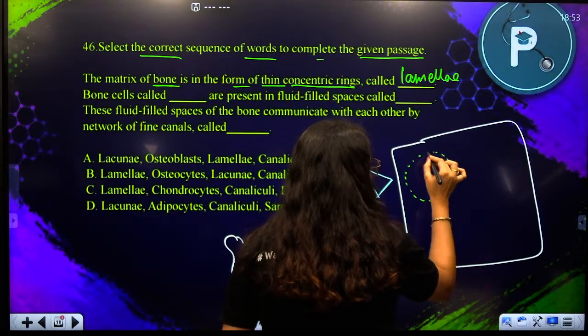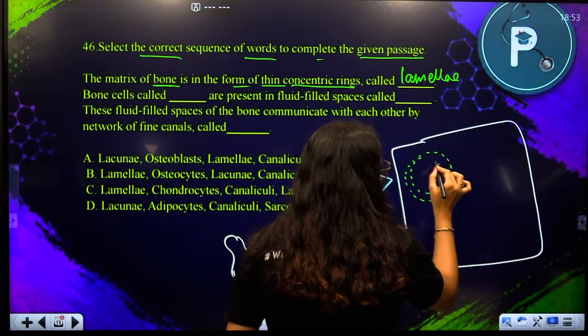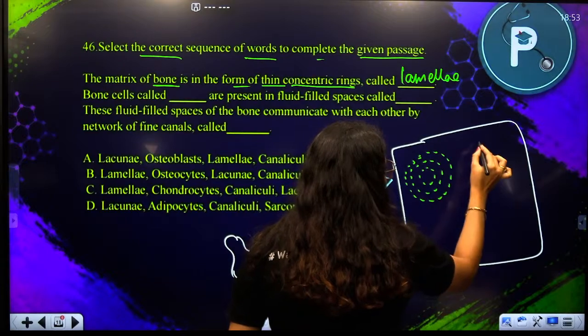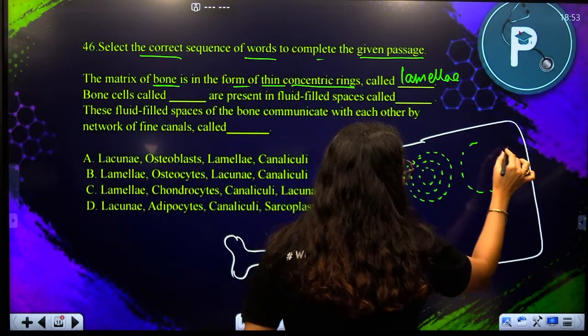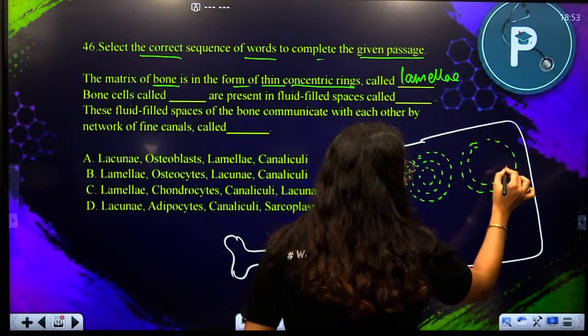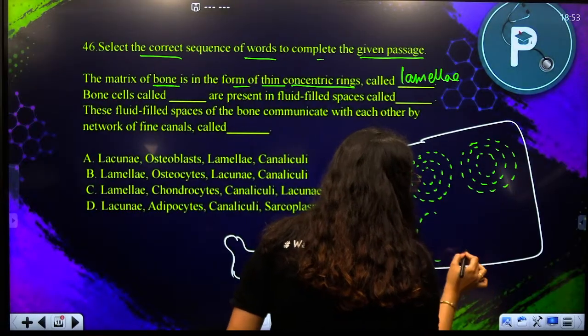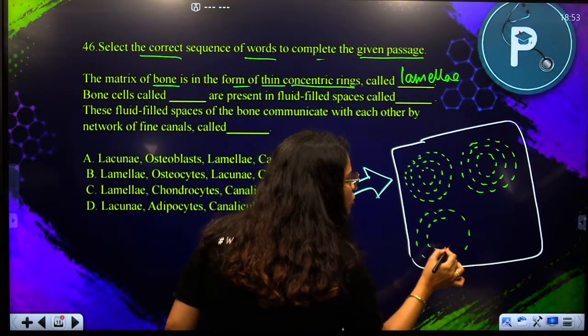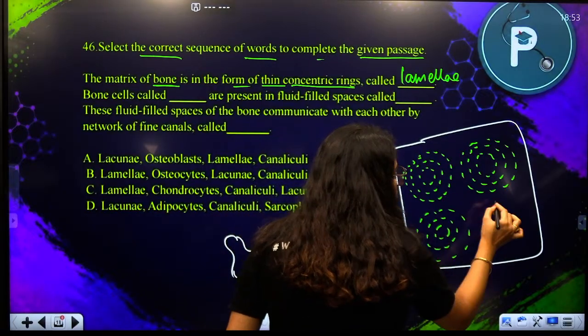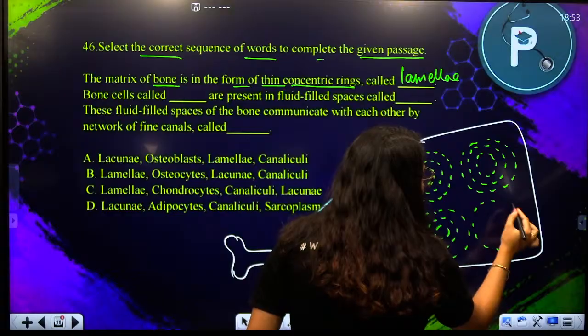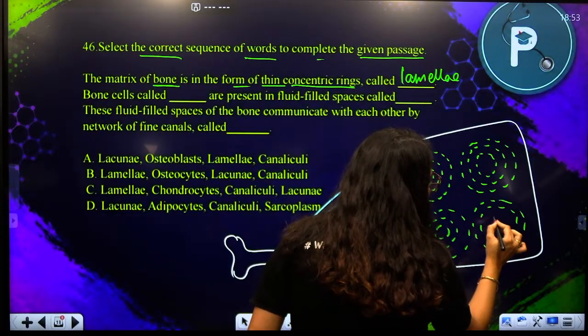One layer of lamellae, another layer of lamellae, another layer. Similarly here as well, and so on. So these types of concentric circles can be found in bone's matrix, which you would not see in cartilage.